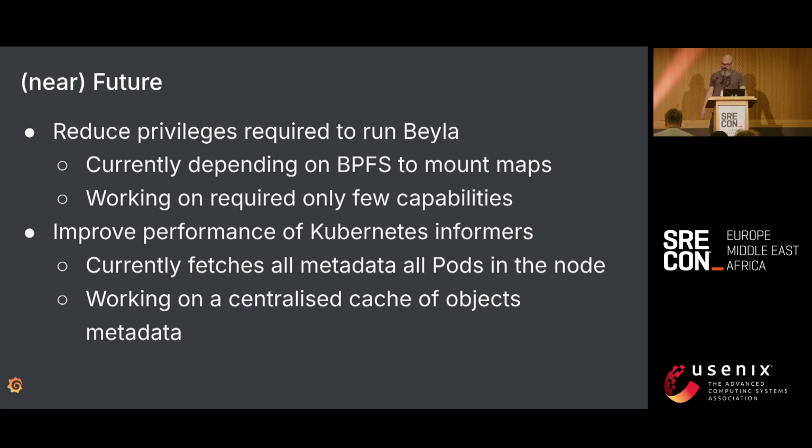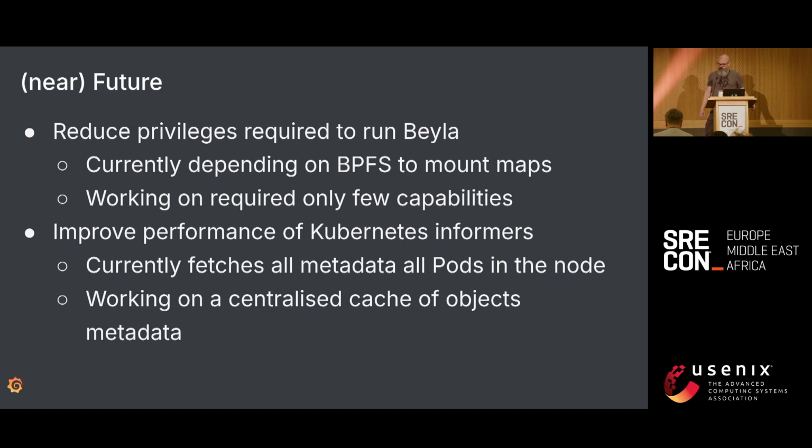But we found out that we can use BPF maps without pinning them. The pinning is just so that different processes can access the shared maps. So we are working on not using these pin maps anymore, but you're still going to need to run Beyla with some capabilities.